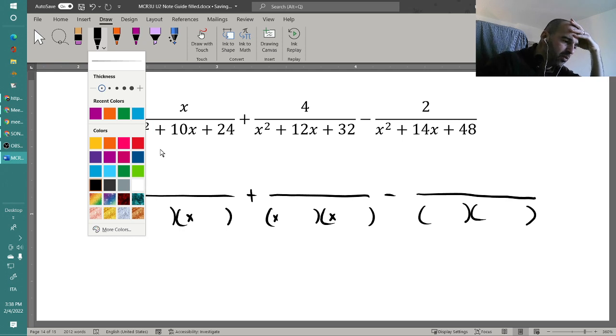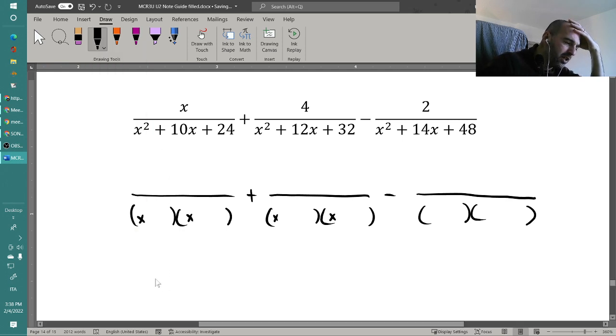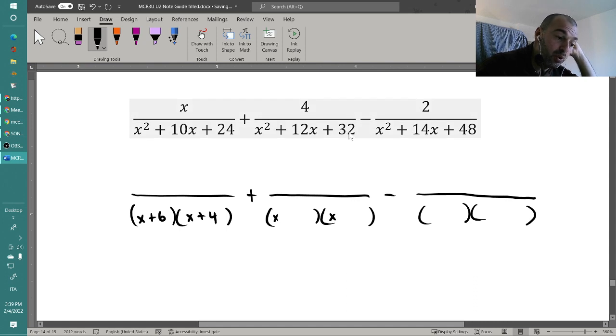And what I can do here now is, I don't know, 24. Positive 24 is going to be 6 and 4. 6 times 4 is 24. So I'm going to go plus 6 and plus 4. Then I've got over here a 32. What is that? 8 times 4 is 32.